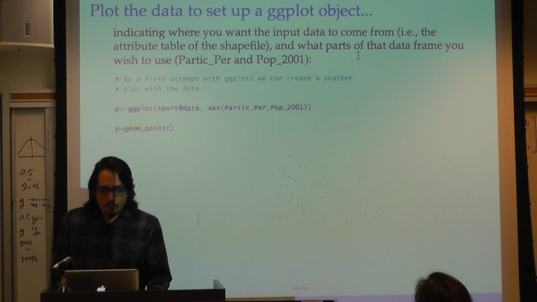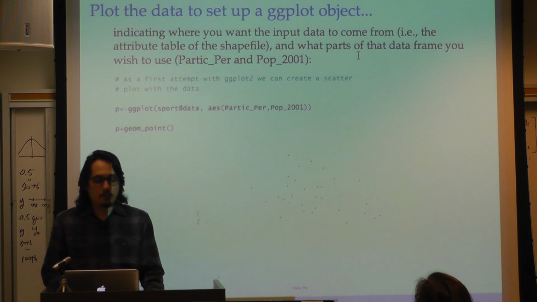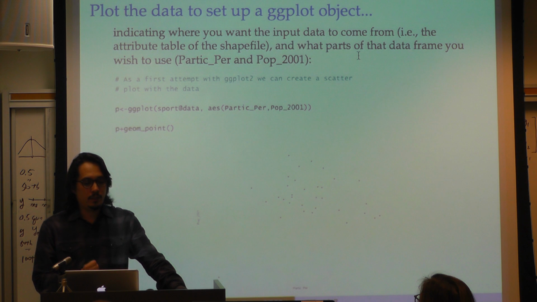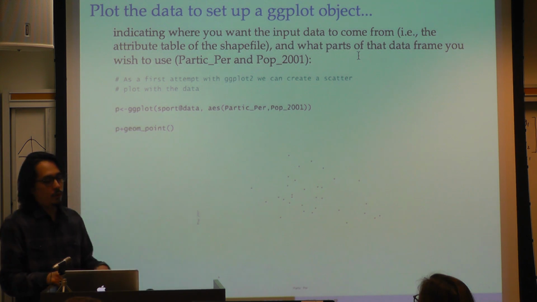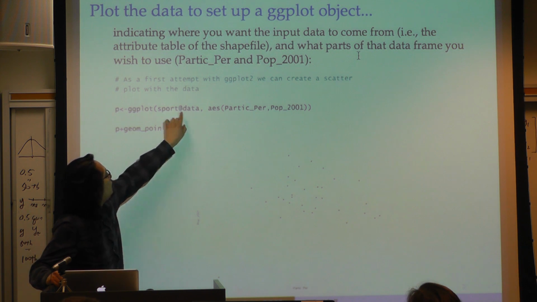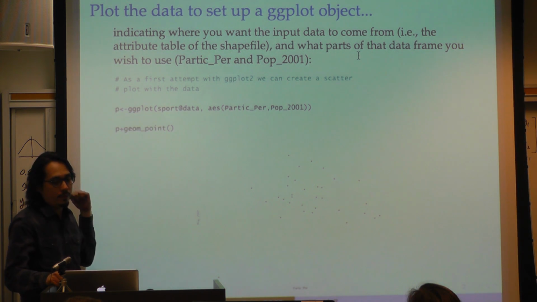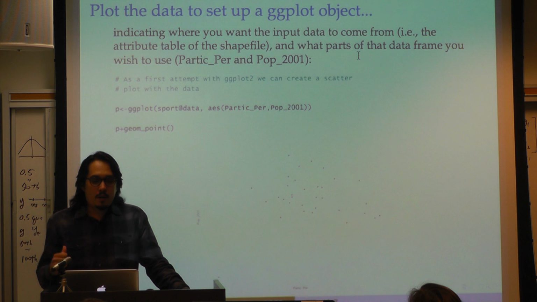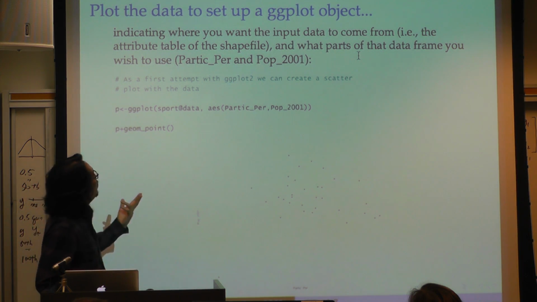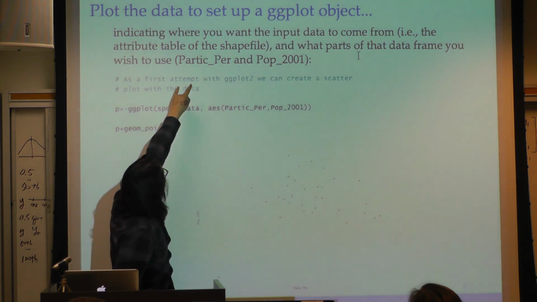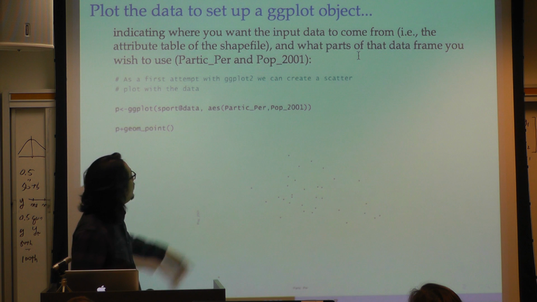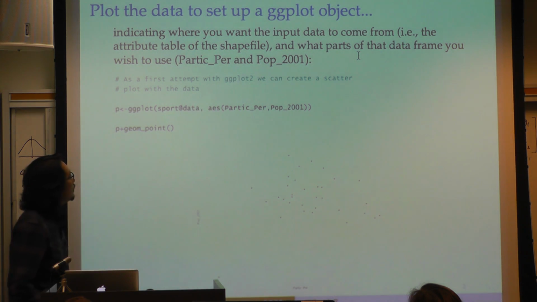So you have to plot it, because this way you indicate where you want the input data to come from. In this case, you want to use the attribute table of the shapefile, which is the data associated to the sport object that we created, and which parts of the data frame you want to use. In this case, we are using two variables, the participation in sports activities and the 2001 population.